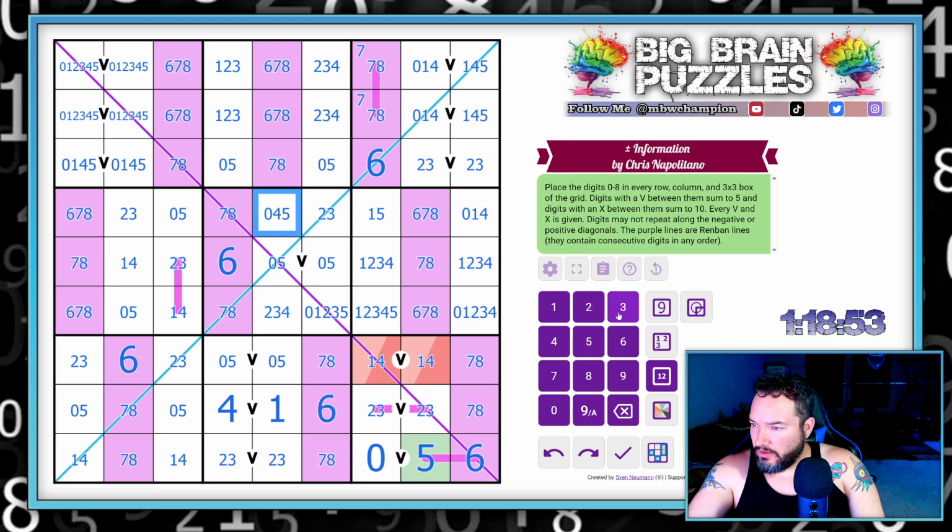It's not here either, because it's in that row. There does have to be a 2, 3 here. Though the 0, 5 is here, so this is actually our 4.